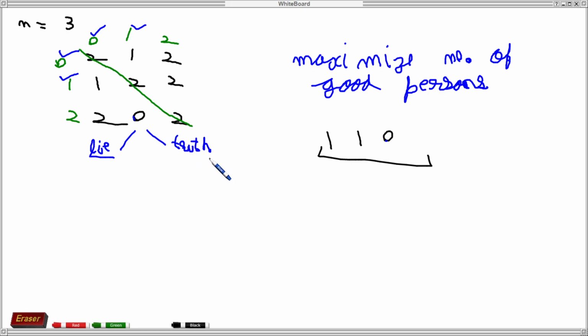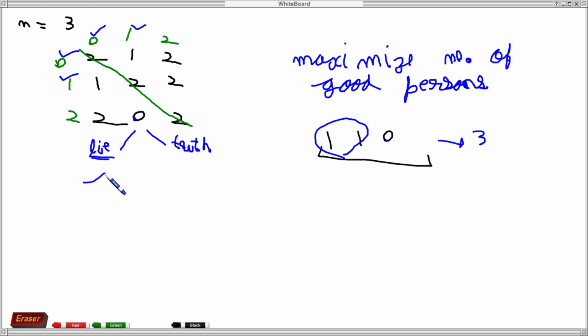Now if it is telling the truth, then the first person is bad, and we end up reducing the number of good persons. But if it is telling a lie, then the first person is good, and we are all fine with the first two as good persons.